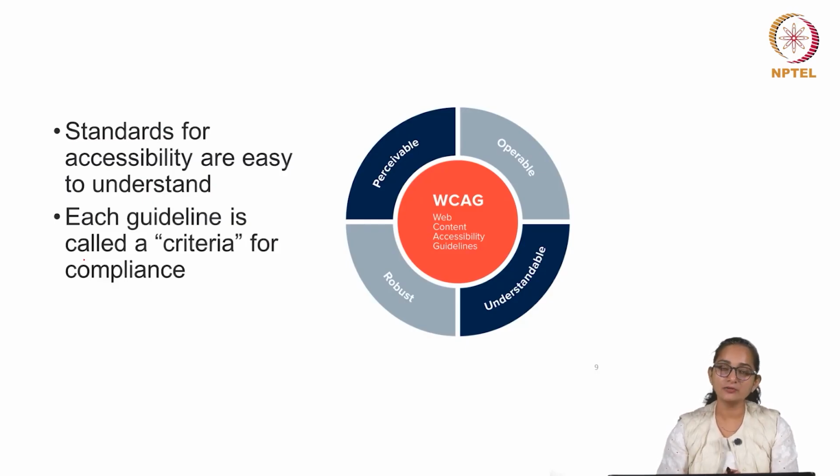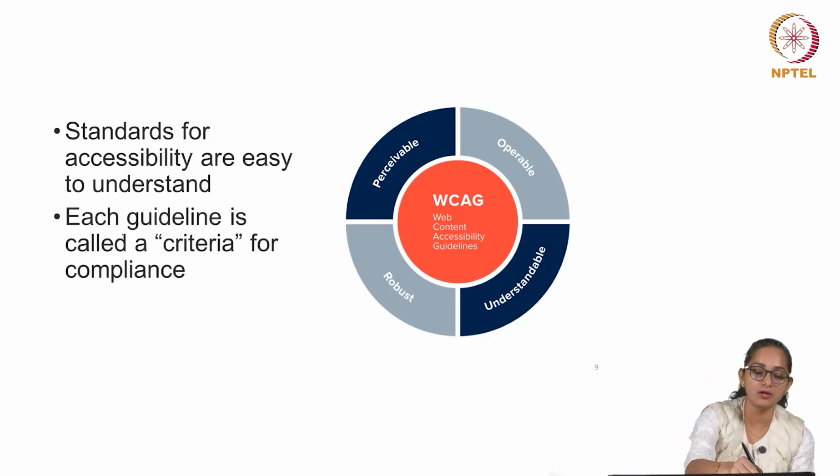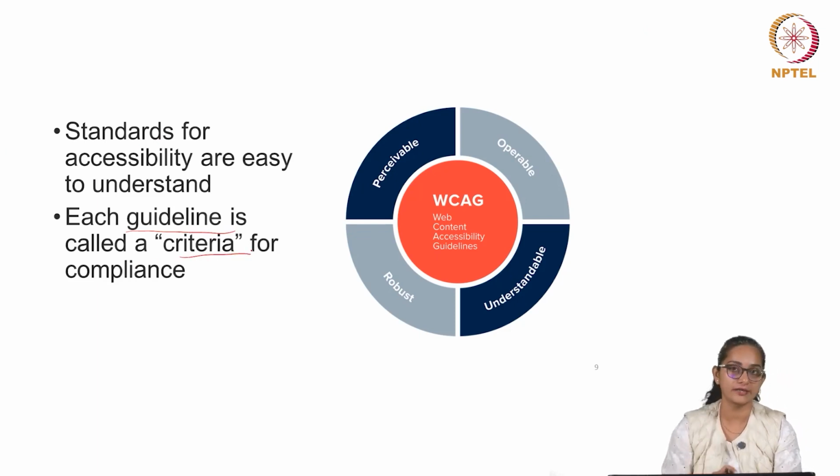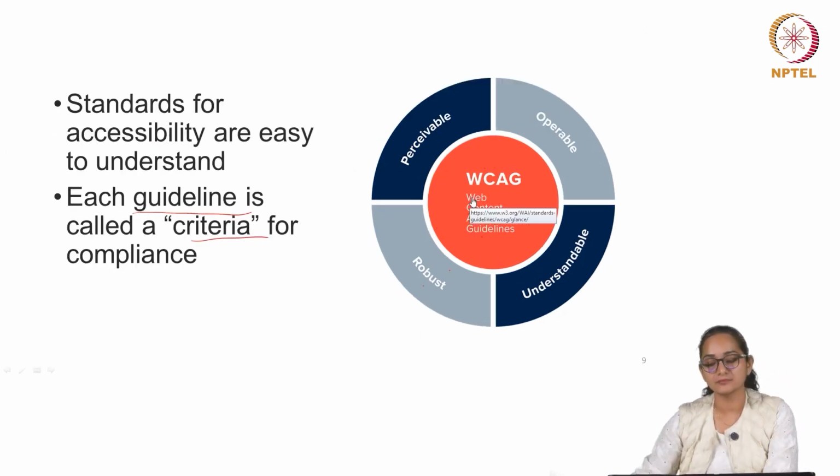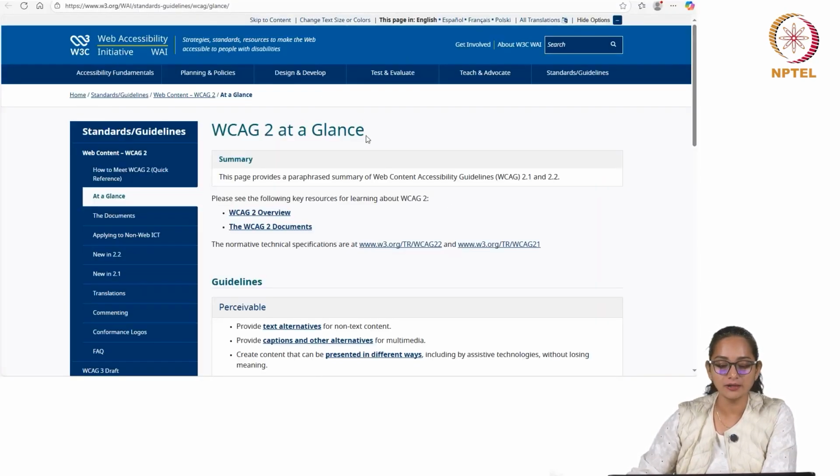So, with this background, let us move into WCAG guidelines. As I said, the WCAG guidelines are divided into these 4 categories themselves, and each guideline is called a criteria, actually criteria for compliance. We shall now move to the WCAG website itself, and we will see in what ways it is divided.